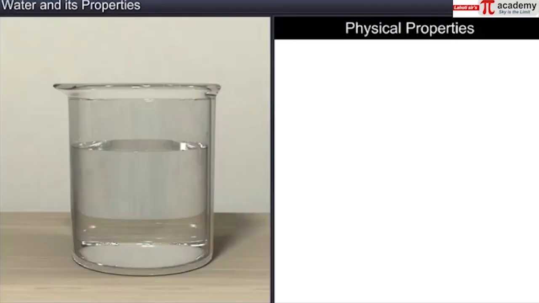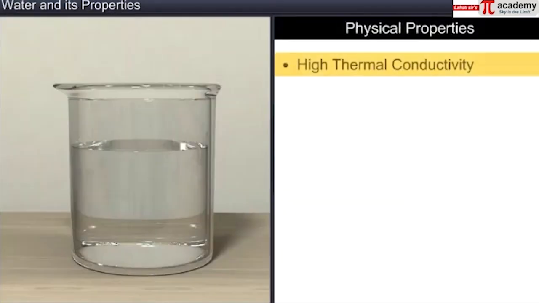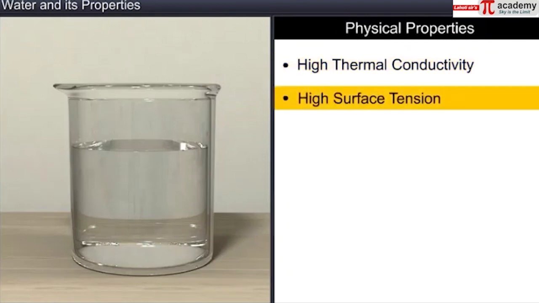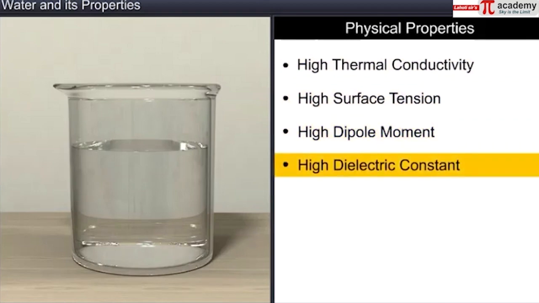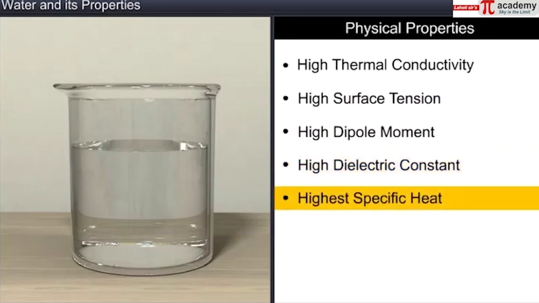In comparison to other liquids, water has high thermal conductivity, surface tension, dipole moment, and dielectric constant respectively. And also, it has highest specific heat.